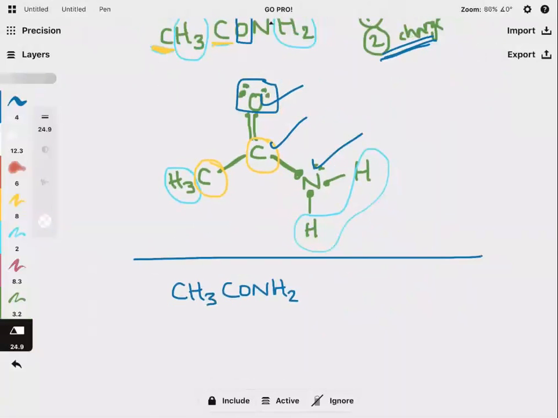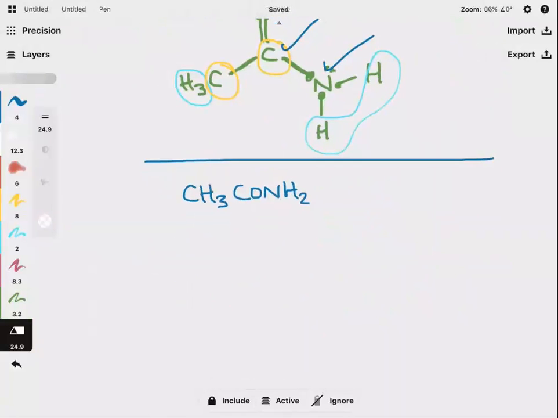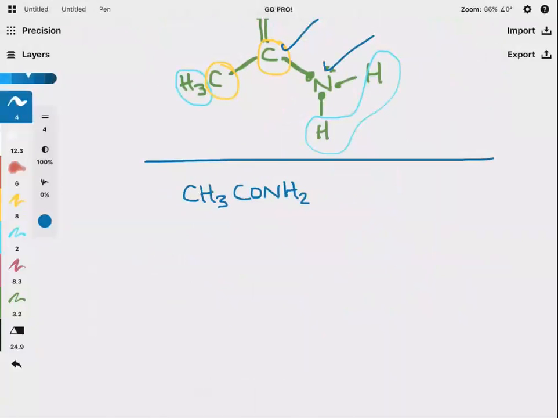So the structure that we derived, I'm going to redraw it. Better have had no total charge on it.